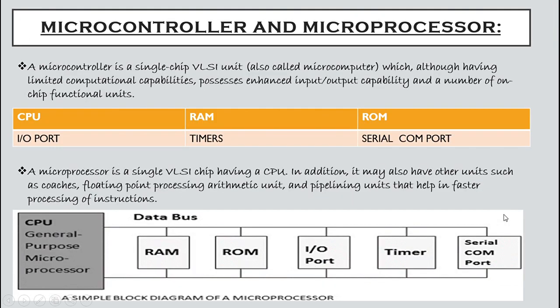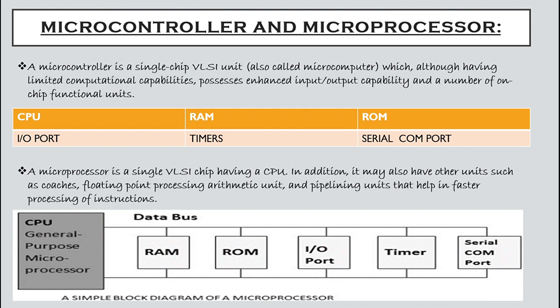Let's see the microcontroller and microprocessor. A microcontroller is a single-chip VLSI unit, also called a microcomputer, which, although having limited computational capacity, possesses a number of on-chip functional units with input-output capability.